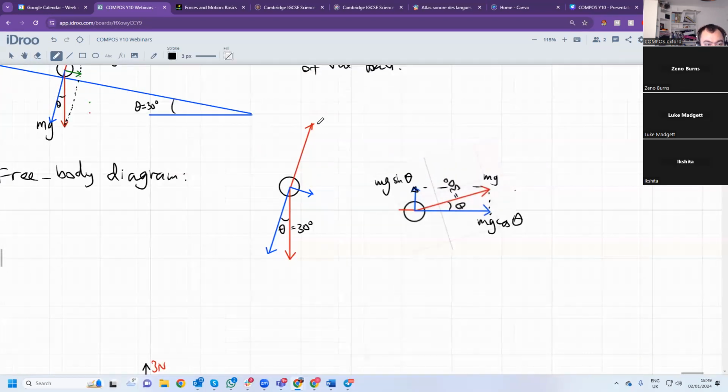So this is the normal reaction force. This is mg cos theta, and this is mg sine theta.